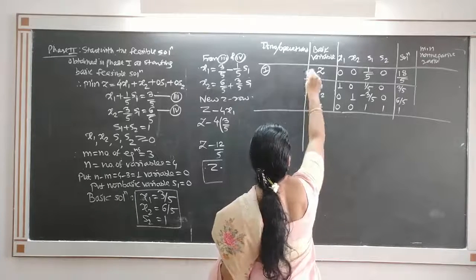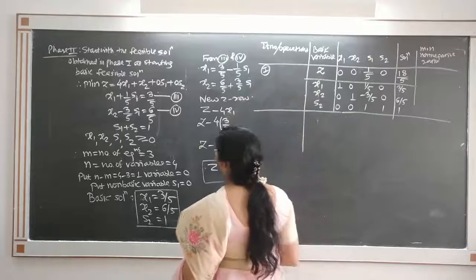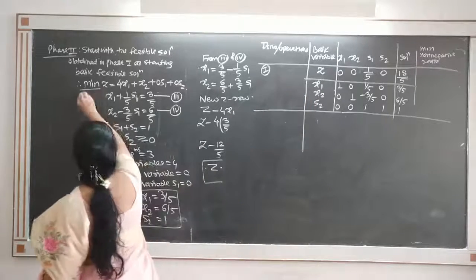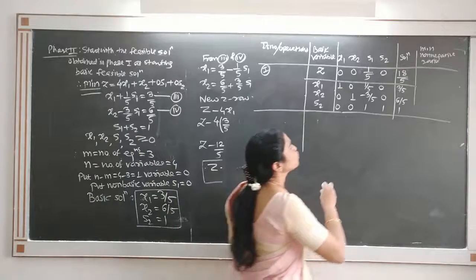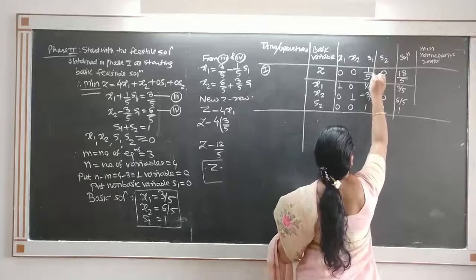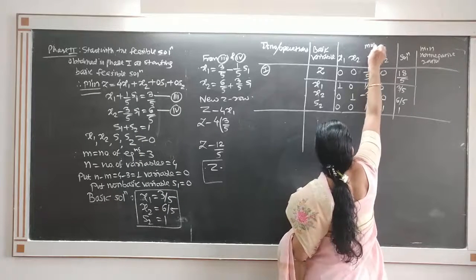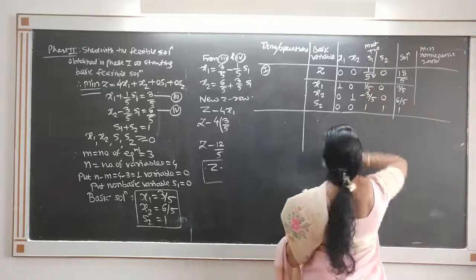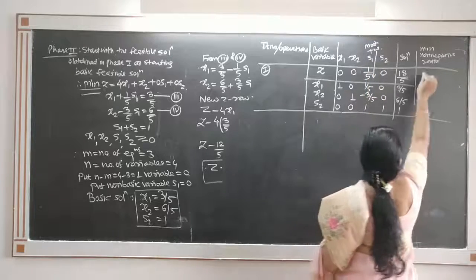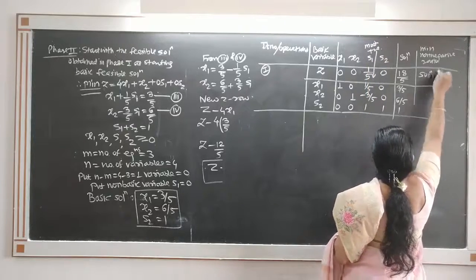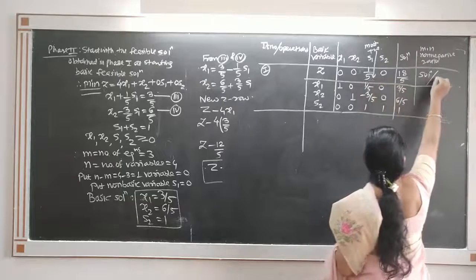Because the problem is minimization, we want to find the most positive. Most positive is 1 by 5. So this is most positive, 1 by 5. Solution upon key column or pivot column. Pivot column comes to be S1.